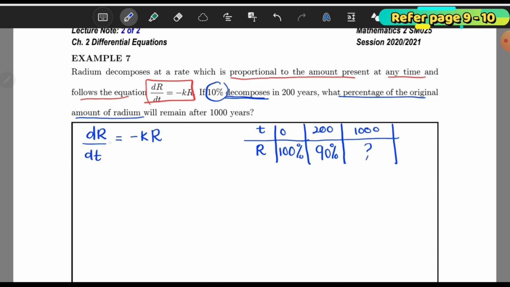As in the previous example, first of all, we need to separate the variables. So we have 1 over R dR equal to negative k dt.